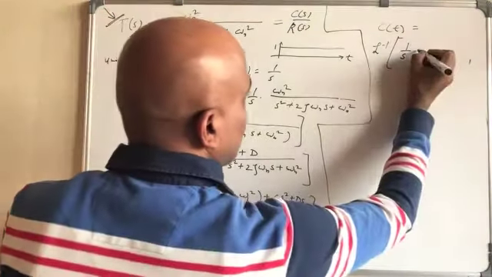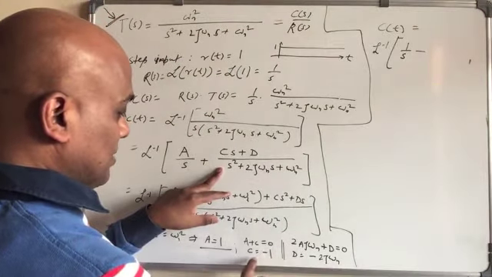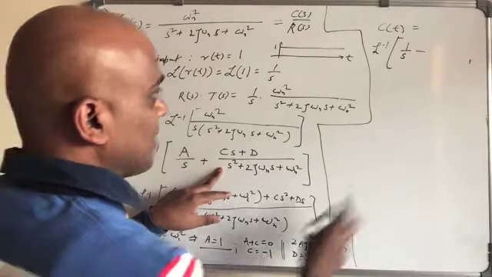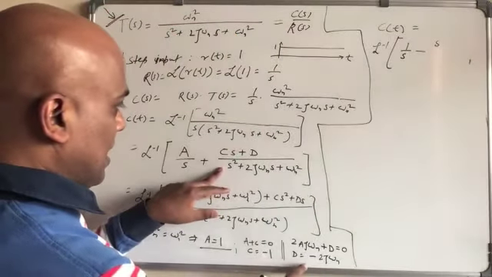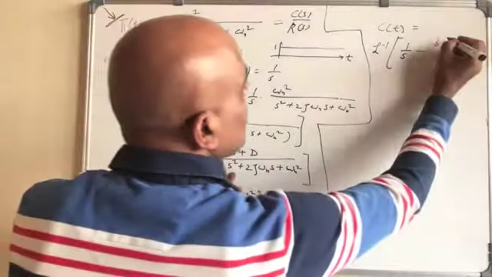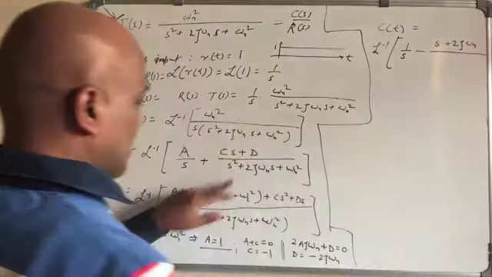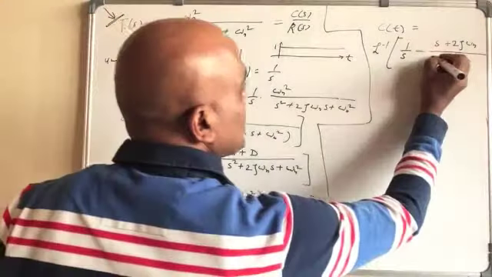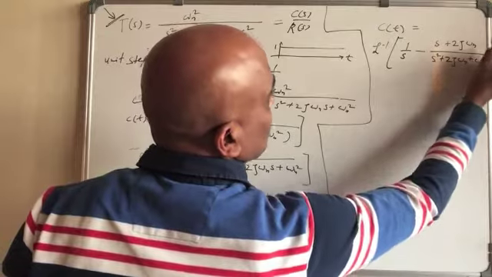So we can write minus s, since C equals minus 1, and D is plus 2 zeta omega n, divided by s square plus 2 zeta omega n s plus omega n square.